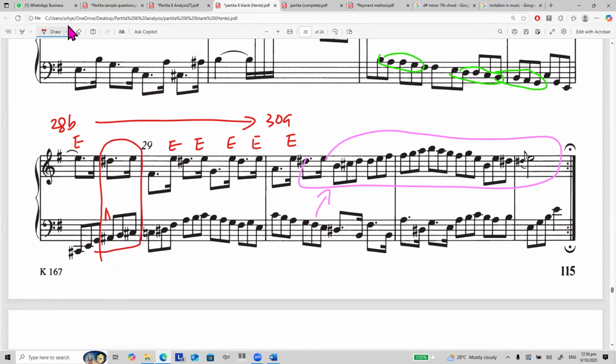Okay, so we have A sharp. This one is a passing note. C sharp. And then there's an E. And there's a D sharp.